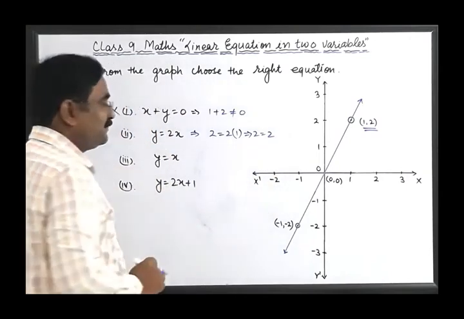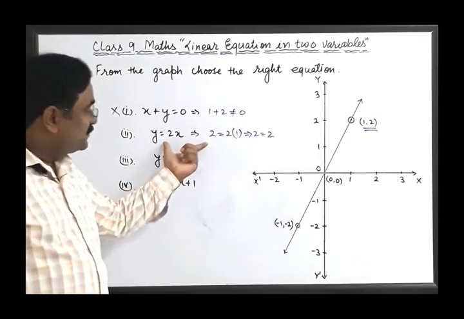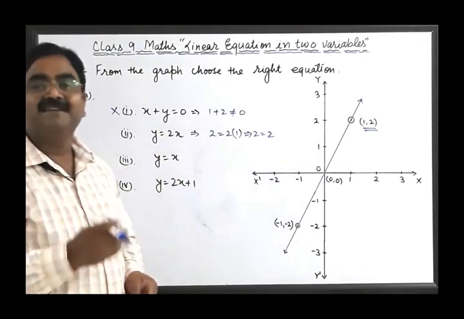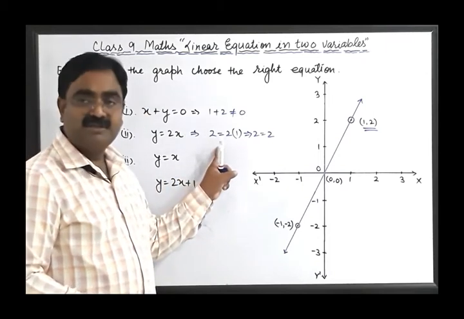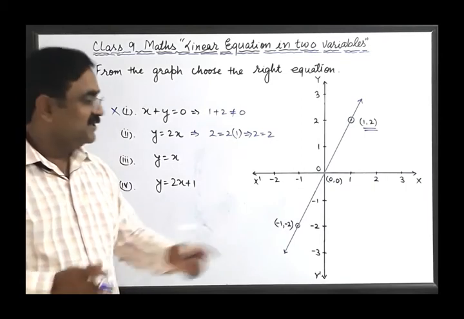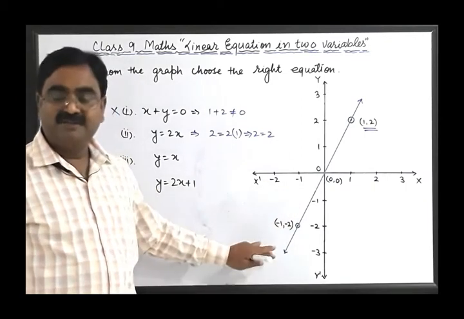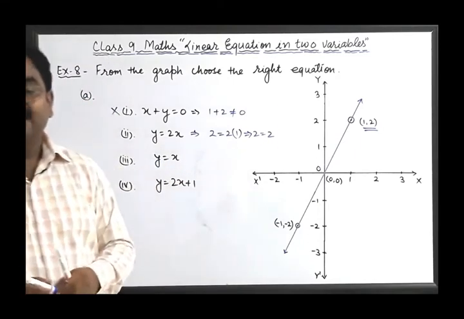It means the first point satisfies this equation. Let us check the second point. Is it satisfying this equation? If the second point satisfies this equation, then this is the equation of this given line. Right students?